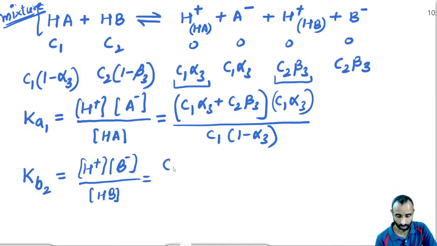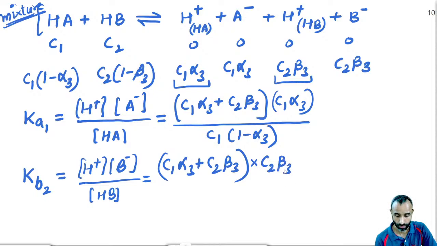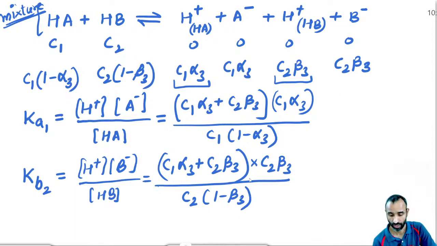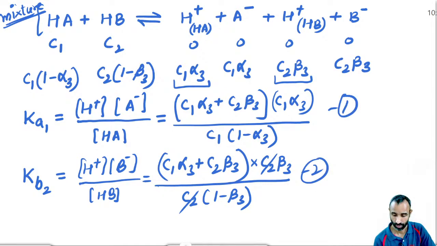Again H plus concentration is C1 alpha 3 plus C2 beta 3, into C2 beta 3 divided by C2(1 minus beta 3). So 1 minus alpha 3, 1 minus beta 3, both are taken as 1. C2, C2 cancel.